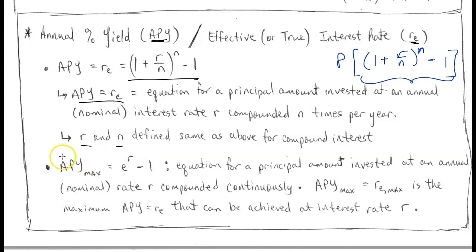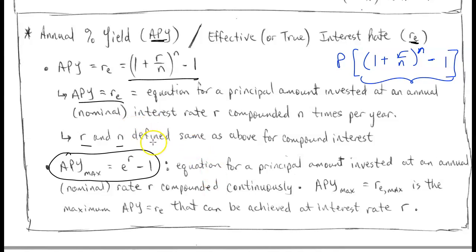Here, I also wanted to bring up that if we wanted to figure out the maximum effective true interest rate, a maximum annual percentage yield, it would just be e raised to the r minus 1. What this essentially says is that for a particular interest rate and compounding period, this is the maximum amount of true interest you can earn on an investment, or the maximum amount of interest that's mathematically possible for you to be charged on a loan.